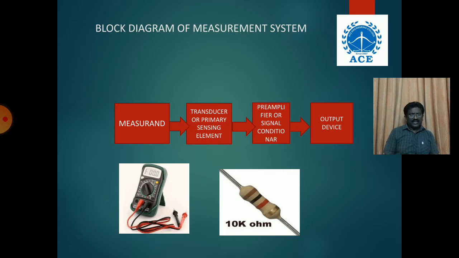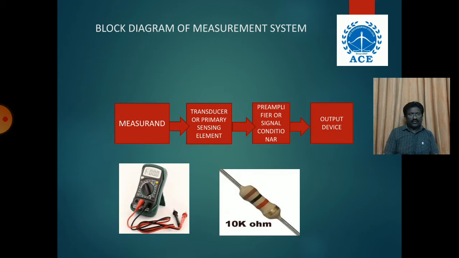Now I will start Unit 1. Here Unit 1 is the block schematic of measuring systems. In this system we have the block diagram of the measurement system, as shown here.